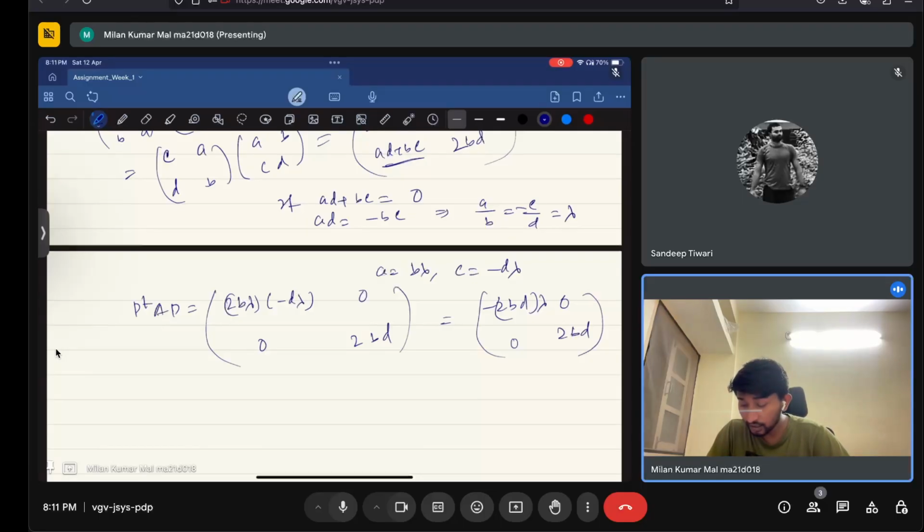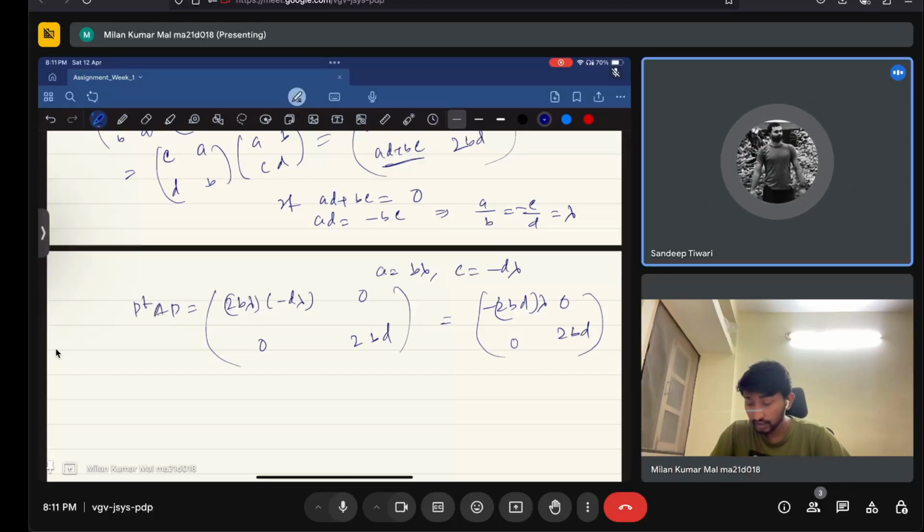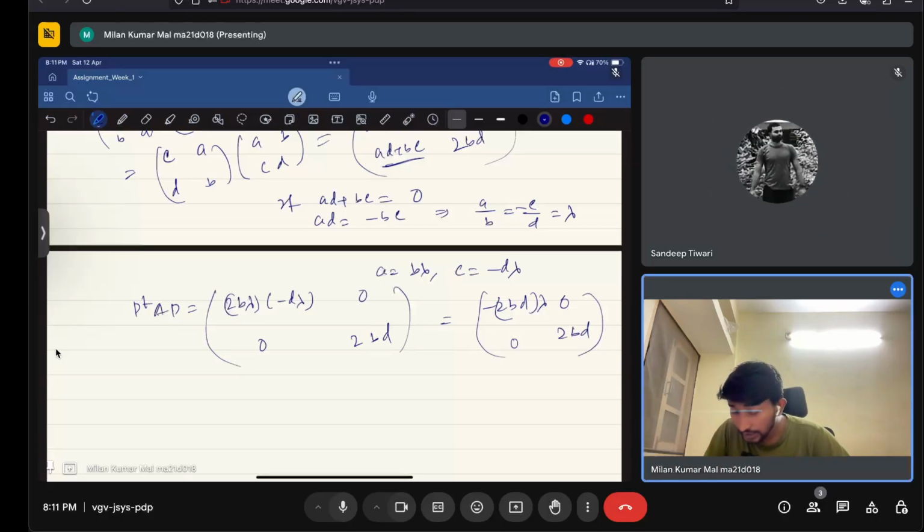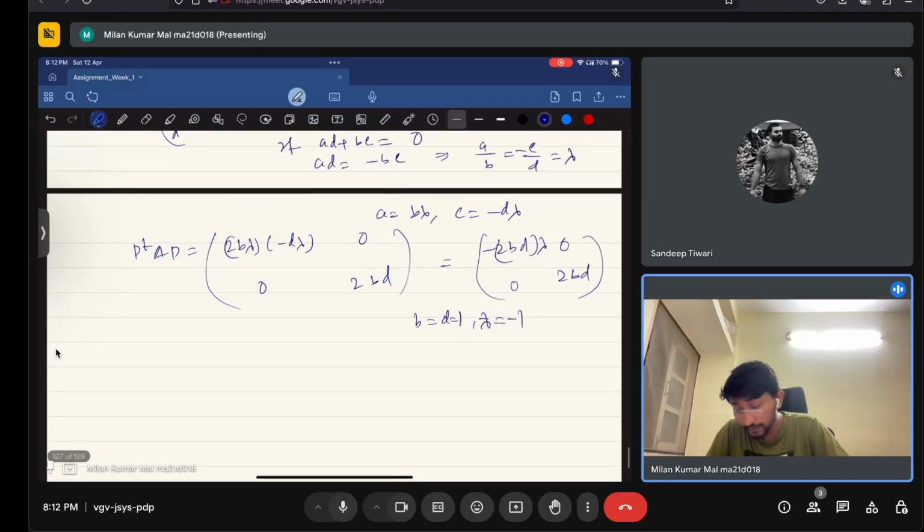So C can be correct, D is also correct. We can choose options 1, 2, 3, both are correct, right? If I take B and D both equal to 1, for example, then we get 2, which is correct.